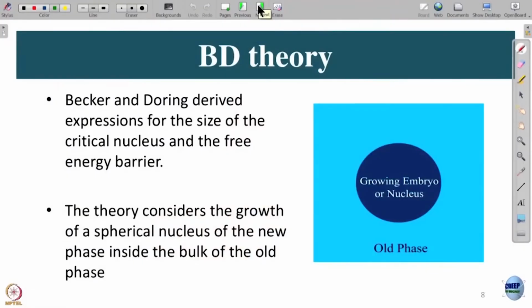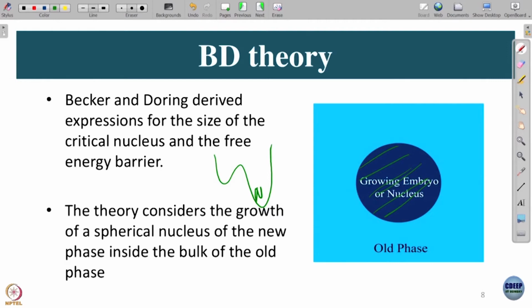Okay. So the basic idea is that we have an embryo growing in this old phase, an embryo of the new phase is trying to grow, and you have to find out what is the energy. When I grow something, then it gains energy because the free energy landscape is like that. So this is the new phase, the embryo phase.